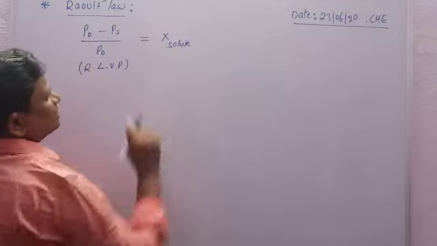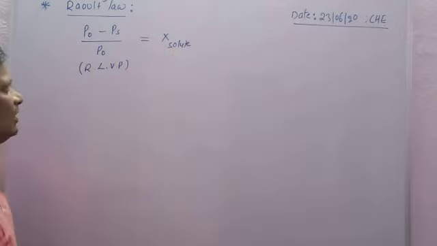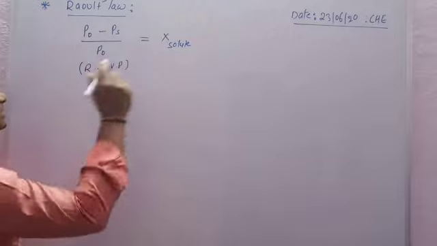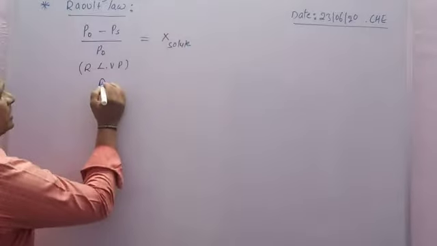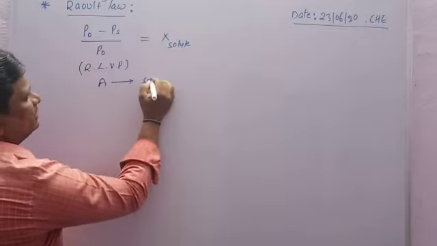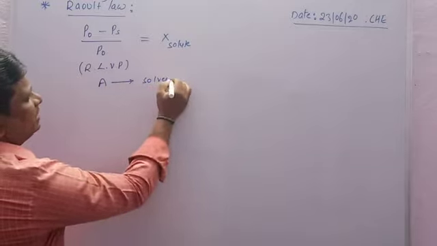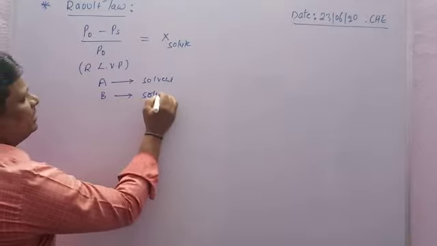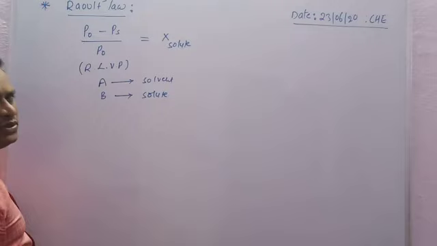What is the mole fraction of solute? For example, let us consider a solution with two components, one a solvent and another a solute. In the solution, A is the solvent and B is the solute, so A plus B is the solution.